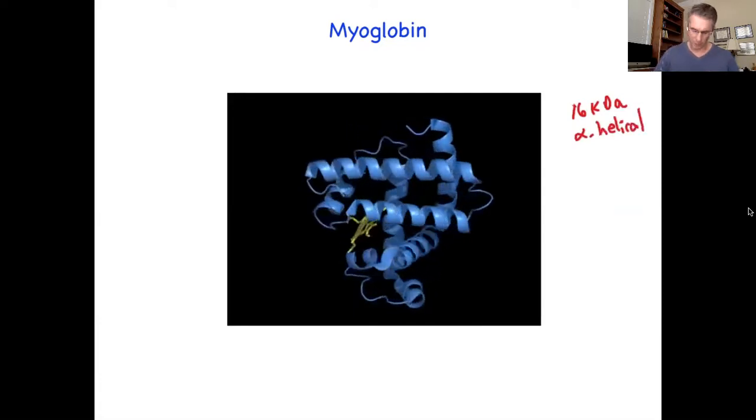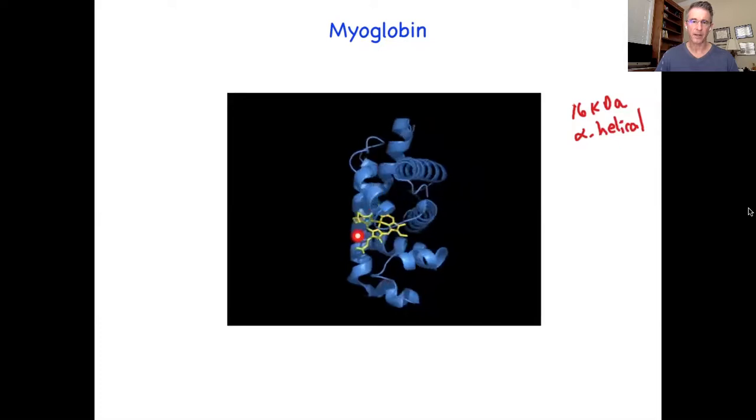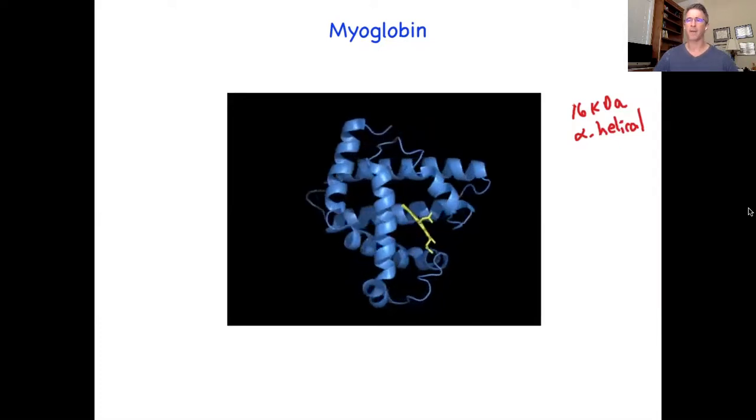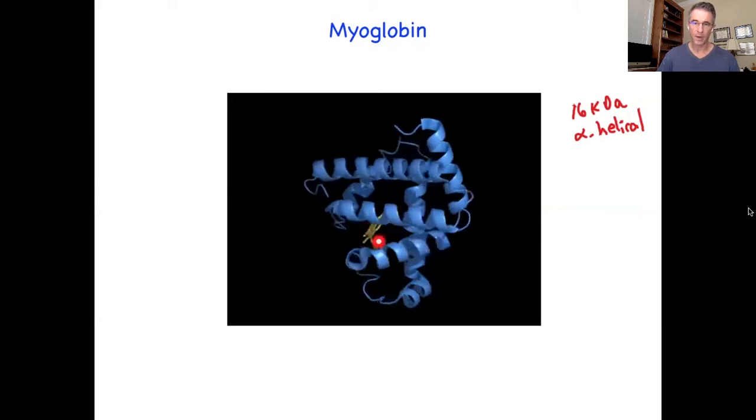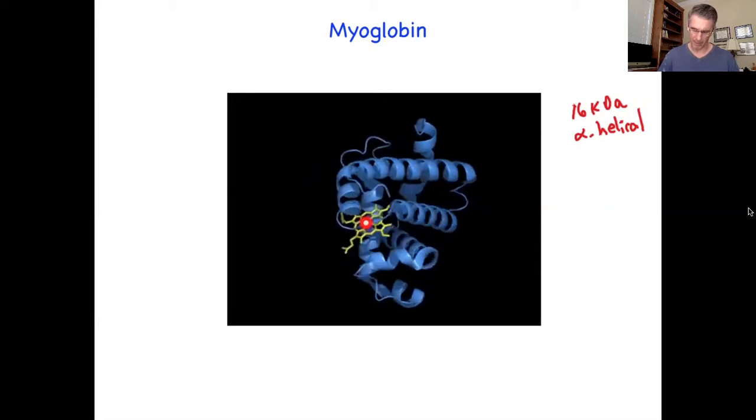And you remember, of course, we have this prosthetic group right here in this hydrophobic pocket. It's got protoporphyrin IX, that heme, this tetrapyrrole group with that iron atom right smack in the middle.